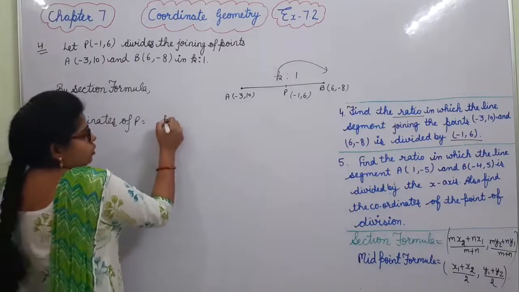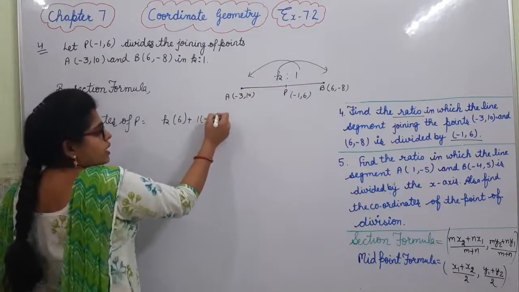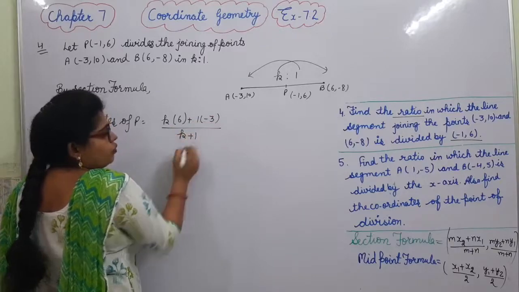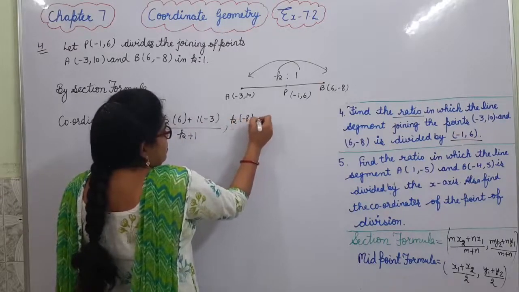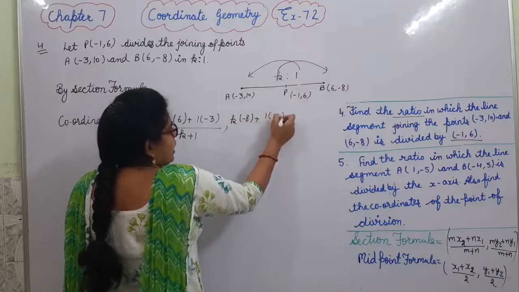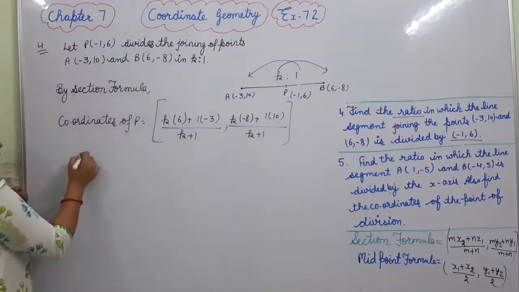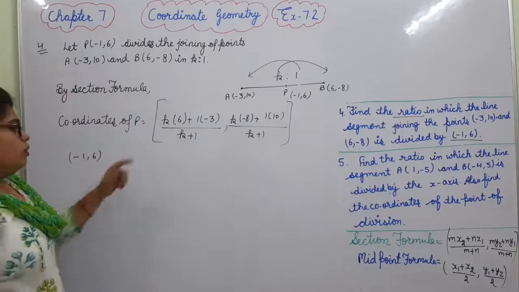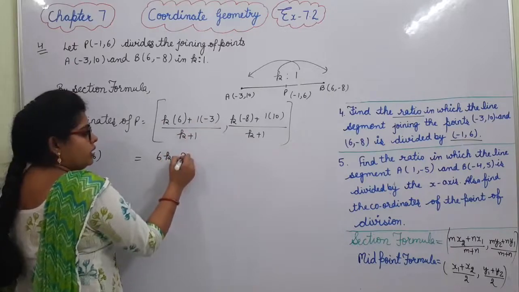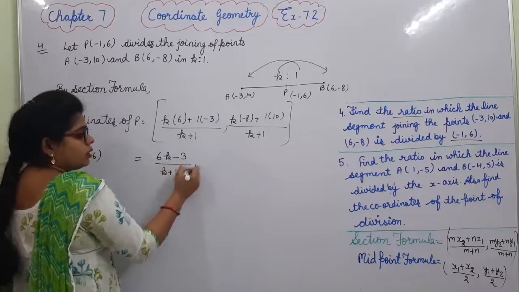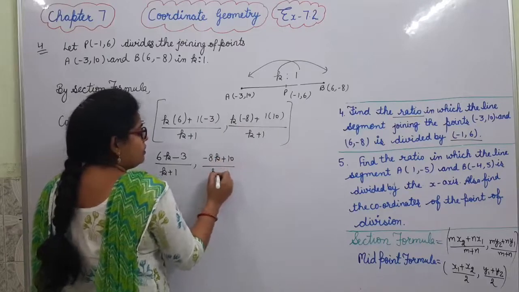Now here k into 6 plus 1 into -3, divided by k plus 1, comma, k multiplied by -8 plus 1 multiplied by 10, divided by k plus 1. The coordinates of P are (-1, 6). On solving, (6k - 3) divided by (k + 1), comma, (-8k + 10) divided by (k + 1).